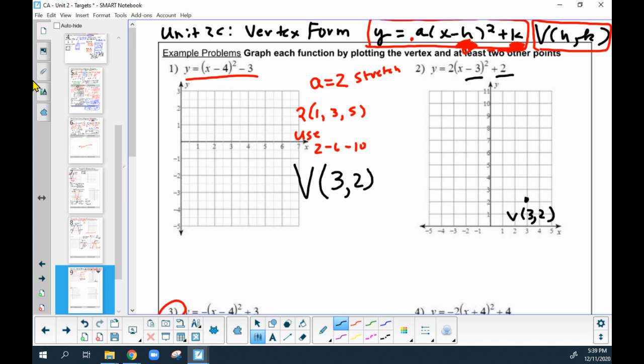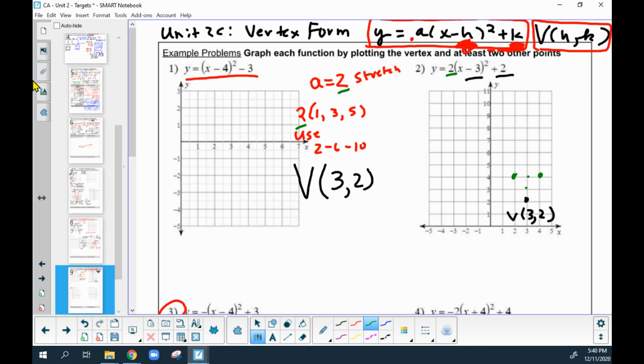And then from there, all we need to do is count with that method, the difference between points over there. But remember, again, we said there was a stretch of 2 because the A was 2, so we know it's taller. So from our first vertex, we count up 2 and out 1, and then left 1.